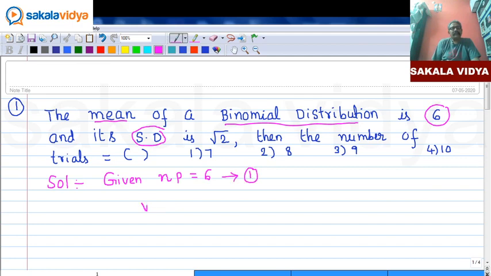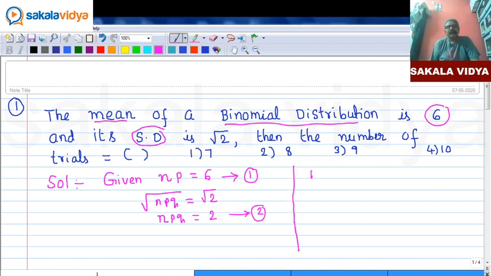Standard deviation root of npq is equal to root 2, squaring on both sides, npq is equal to 2, equation 2. Now, do one thing, equation 2 divided by equation 1, npq by np is equal to 2 by 6.